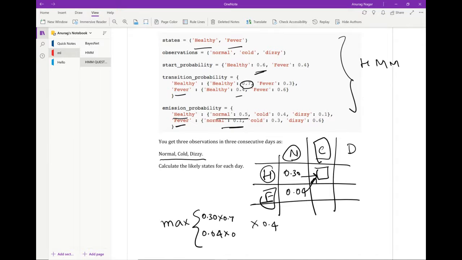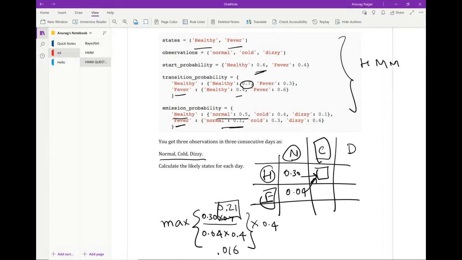So if you expand this, you see which one is larger. This becomes 0.21, and this becomes 0.016. So the top one is larger.